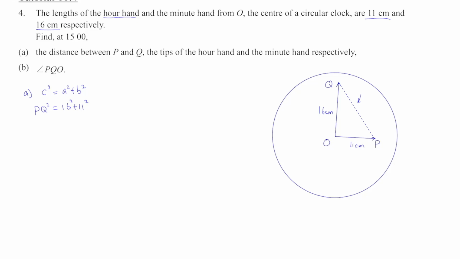PQ square equals to 377, and then PQ will be equals to square root 377 equals to 19.4 cm. This is to 3SF. Okay.